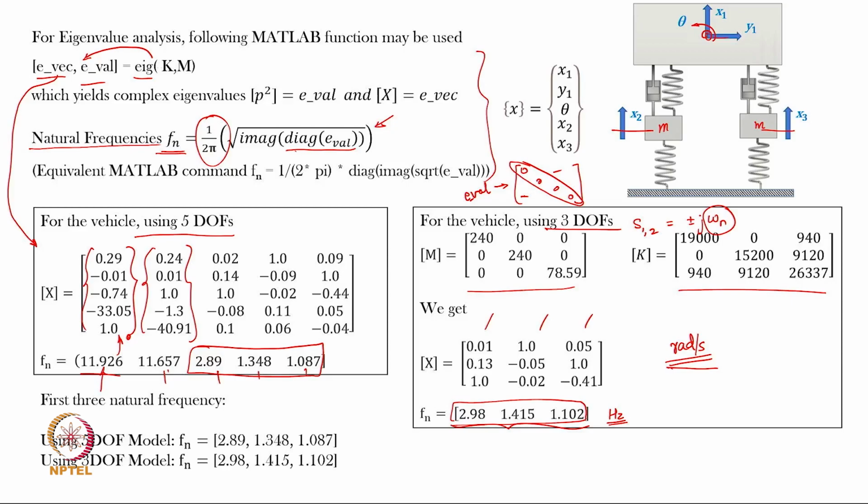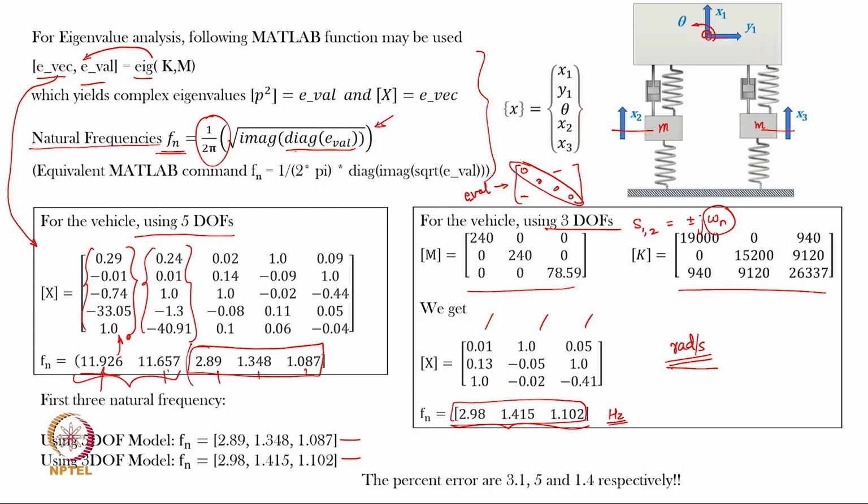See this? Just compare these two sets of natural frequencies. Using 5 degrees of freedom, if I focus only on these, ignoring the higher 2 natural frequencies here, that is what you get, and they are quite similar.